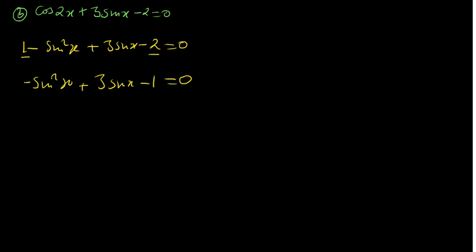Now at this point we have got a quadratic equation. This one is squared, this one is in power 1, and then this one has got no x on it. So what we are going to do is we find the product. The product, we get a negative 1 by negative 1, which is going to give us a 1. Okay, and then the sum is going to be equal to, what we are going to get is simply this number which is here, which is a 3.